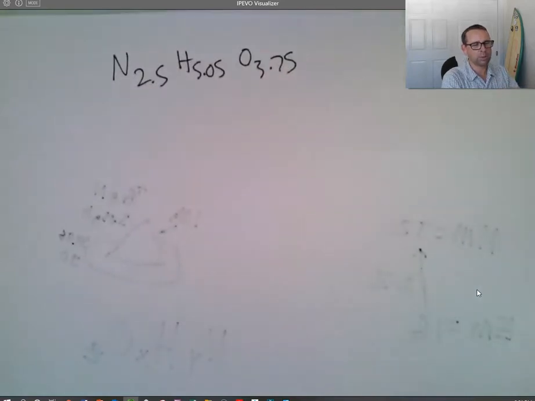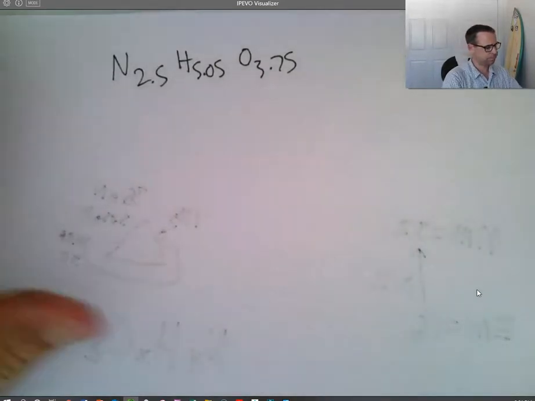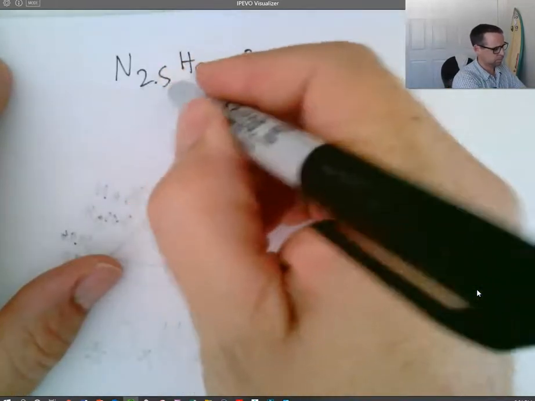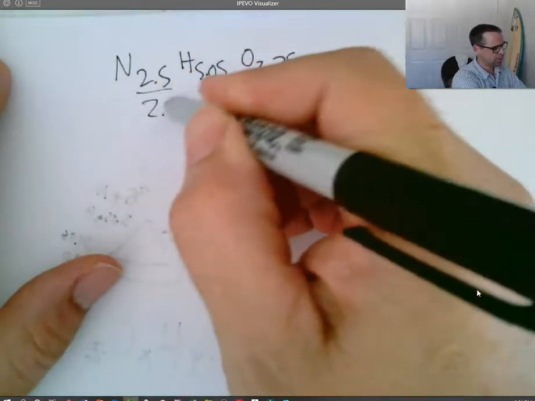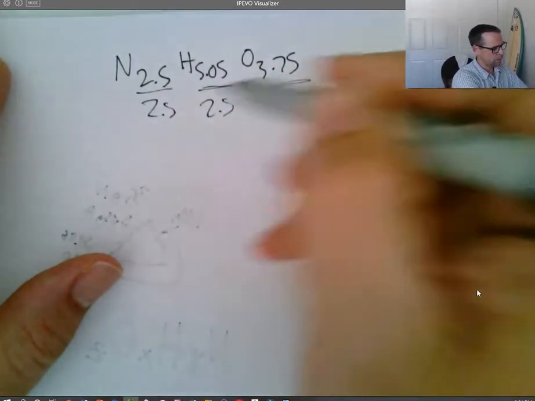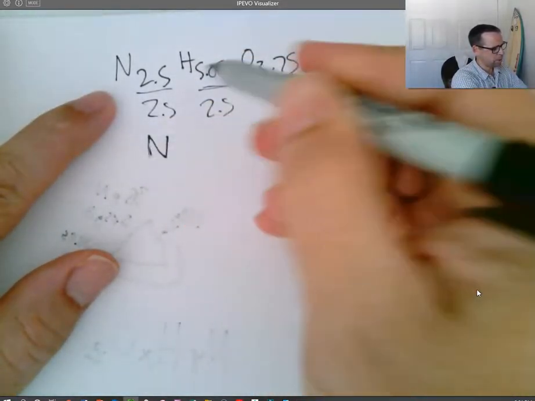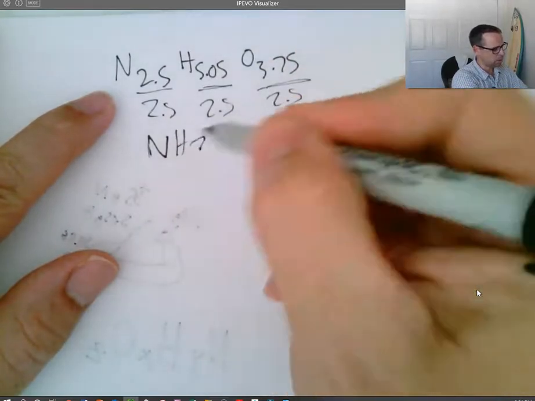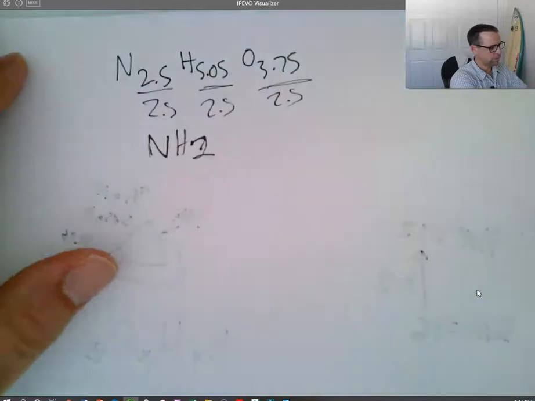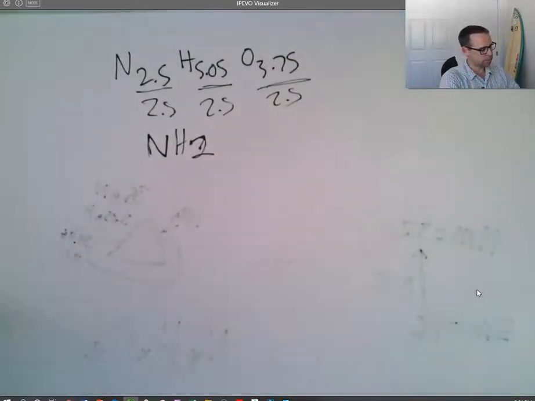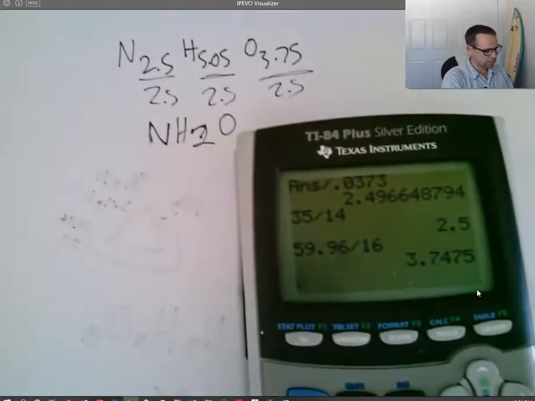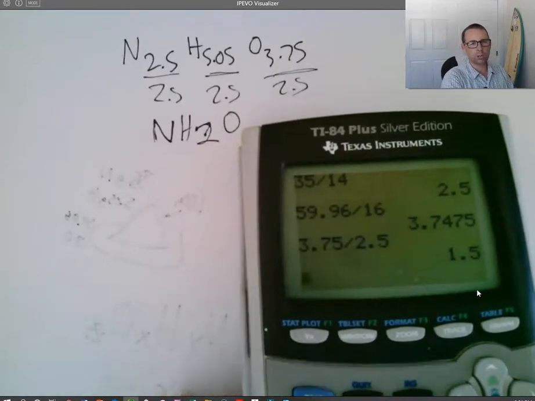Now, how do I get it to a whole number ratio? That's the molar ratio, but it's not whole numbers yet. So we divide by the lowest number, which is 2.5. Nitrogen is 2.5 divided by 2.5, which is 1. Hydrogen is 5.05 divided by 2.5, which is 2. Oxygen is 3.75 divided by 2.5, which is 1.5.